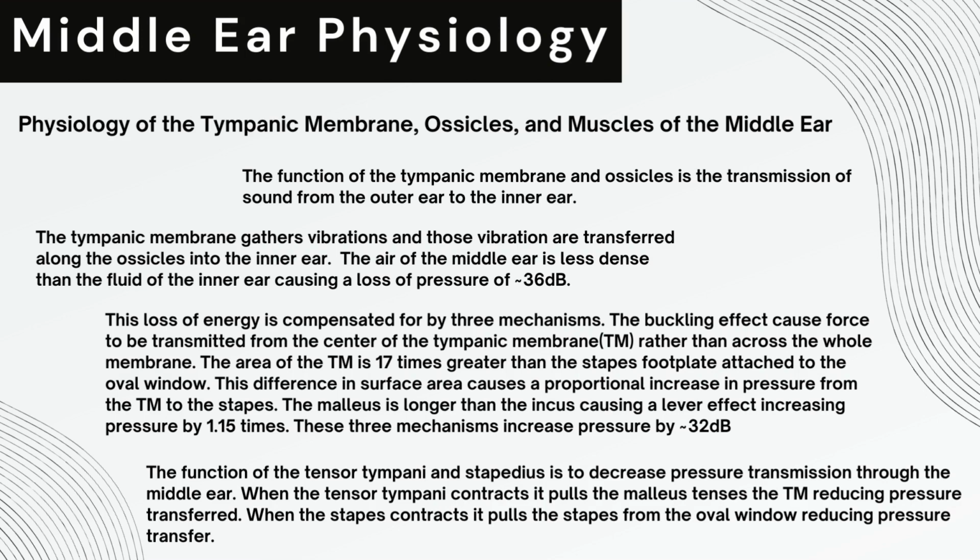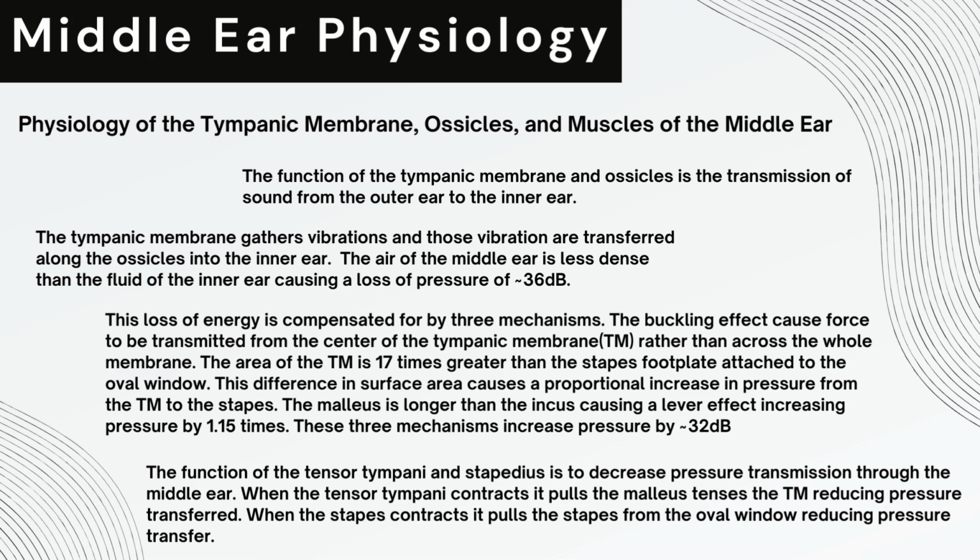The air of the middle ear is less dense than the fluid of the inner ear, causing a loss of pressure of about 36 dB. This loss of energy is overcome by three mechanisms. The buckling effect causes sound to be transmitted from the center of the tympanic membrane rather than the whole membrane.